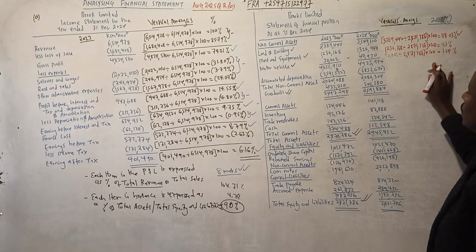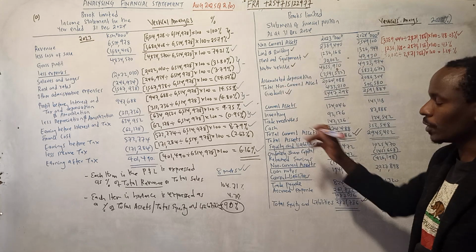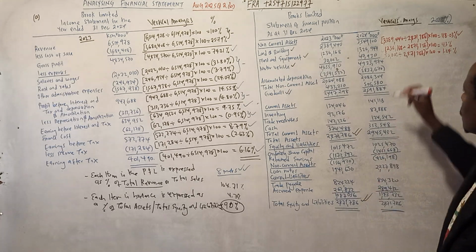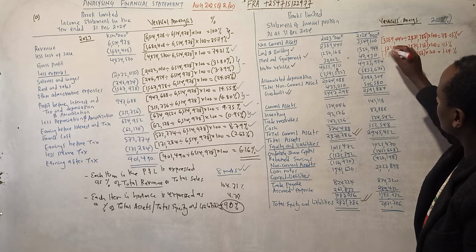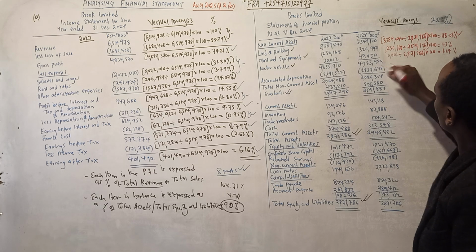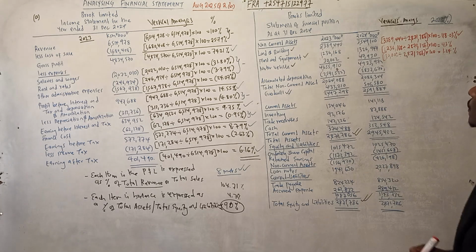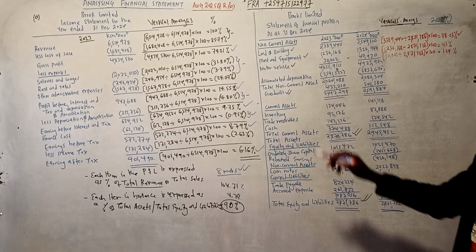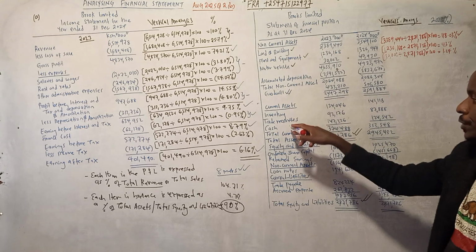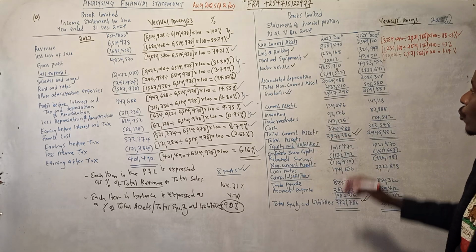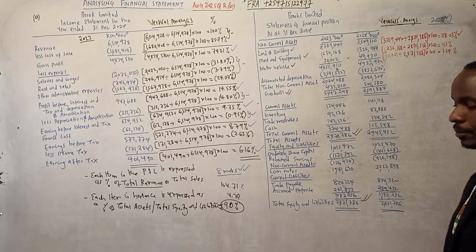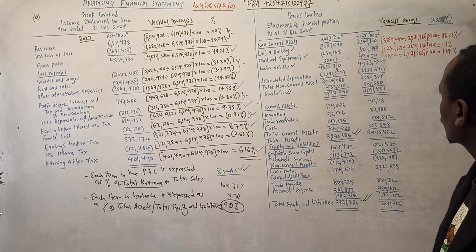So only 1% of motor vehicle represents the total assets. So only 1.04% of motor vehicle is represented in the total assets. So you repeat the same procedure up to the other items.